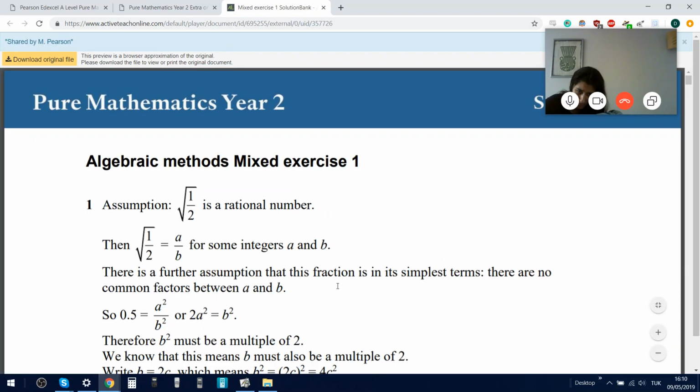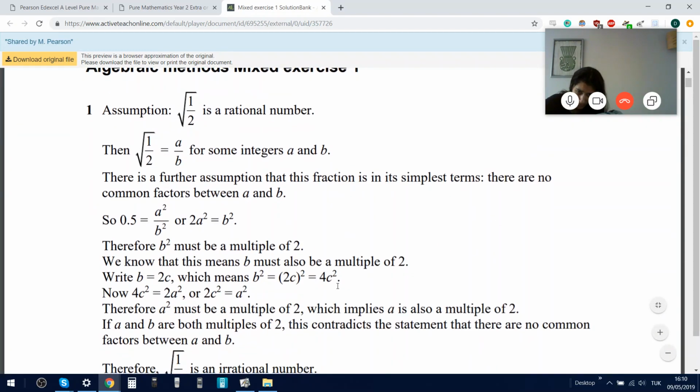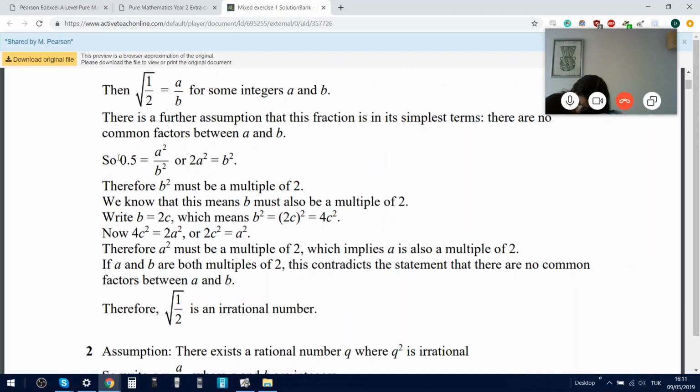Yeah. So assumption: root 1 over 2 is a rational number. Then root 1 over 2 is equal to a over b for some integers a and b. We also assume that this fraction is in its simplest form. A half is equal to a squared over b squared. 2a squared is equal to b squared. So b squared must be a multiple of 2. So b must be a multiple of 2.